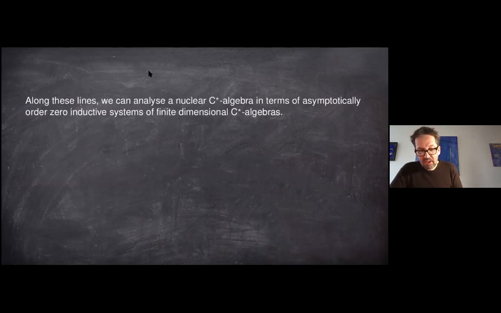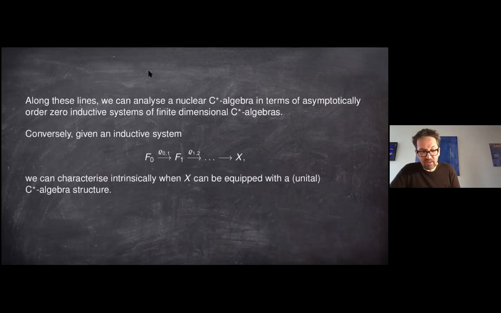So now we can study nuclear C-star algebras in terms of their inductive systems of finite dimensional C-star algebras if we make these inductive systems asymptotically order 0, of the form that I described.